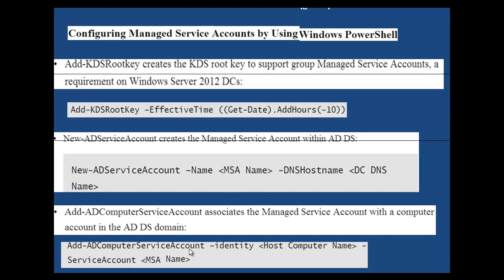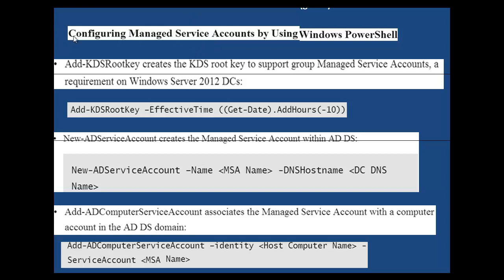On a Windows 2012 domain controller, a key distribution services root key must be created for a domain before any managed service account can be created. So that is your first task. You have to create the root key. Now, we're looking at configuring the managed service account using Windows PowerShell.